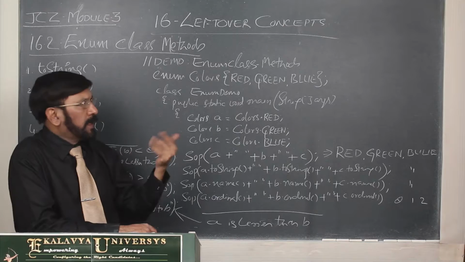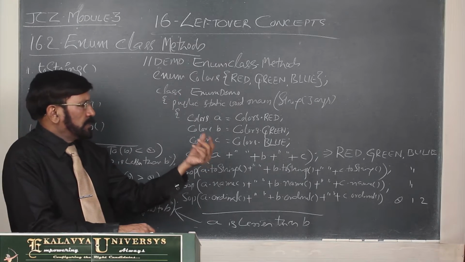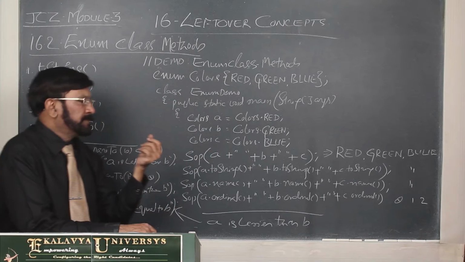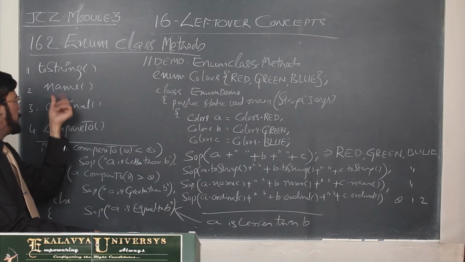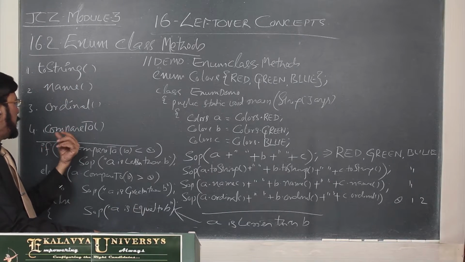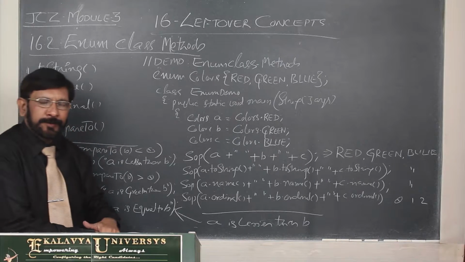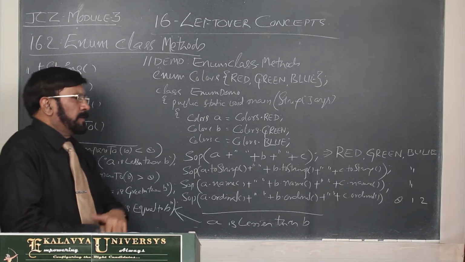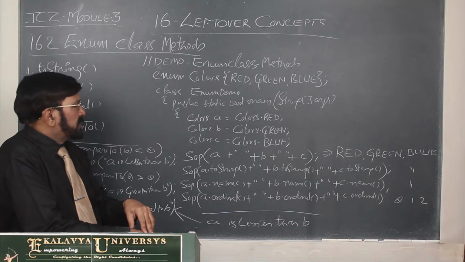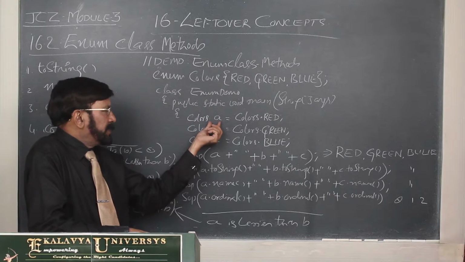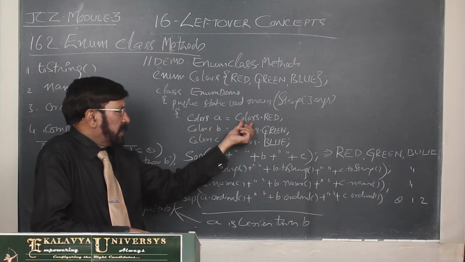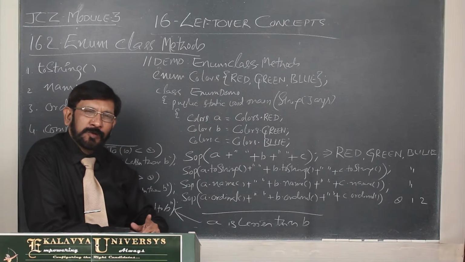Thereafter you see how we can use enum instance methods. Here one is toString, another is name, third is ordinal, fourth is compareTo. Now you can see their functionalities here. Here you see Colors, A, Colors.red, as I already told you.